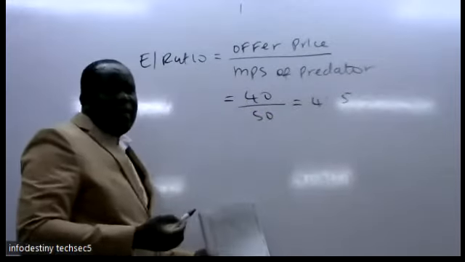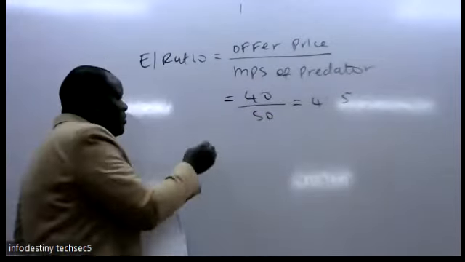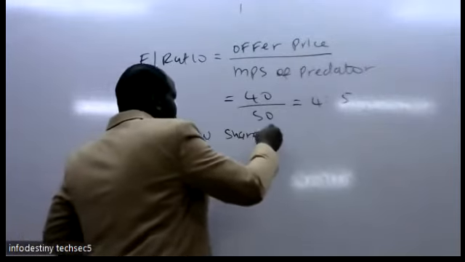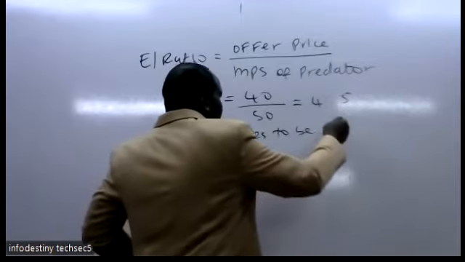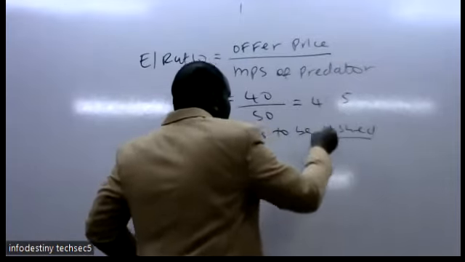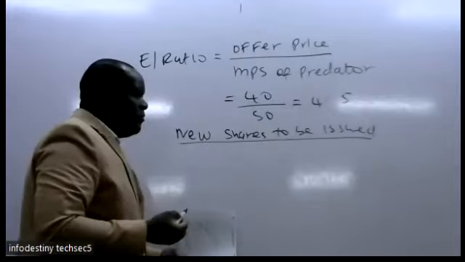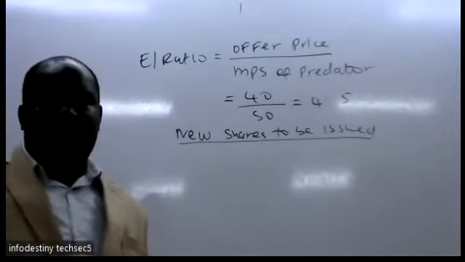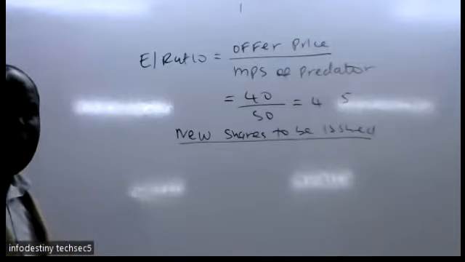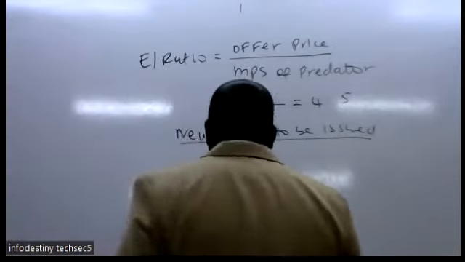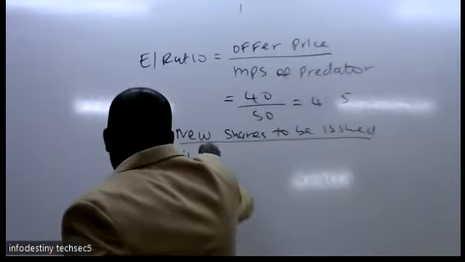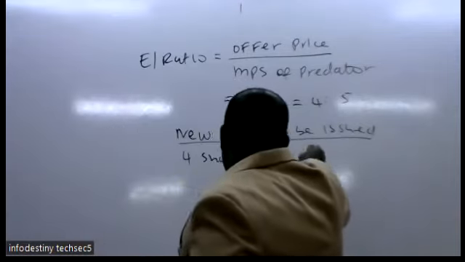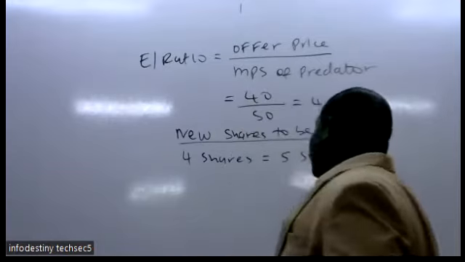So we compute the new shares to be issued. We have seen the exchange ratio is that 4 shares is equivalent to 5 shares of the target.